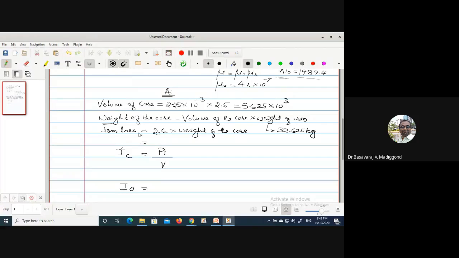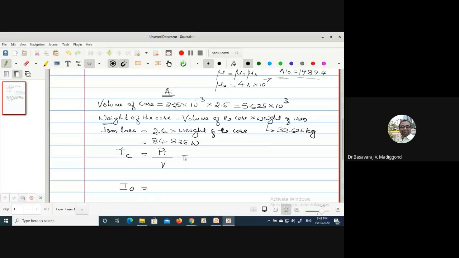Now calculate the iron loss. Multiply 2.6. 84.825 watts.